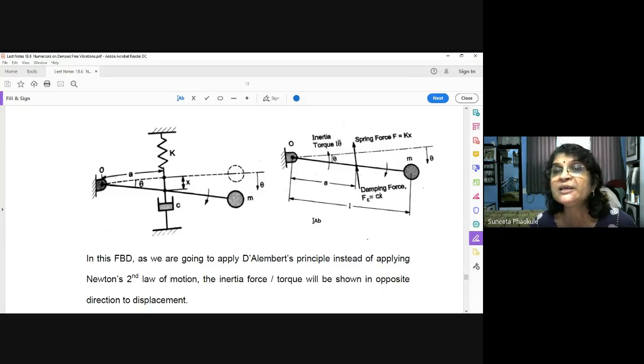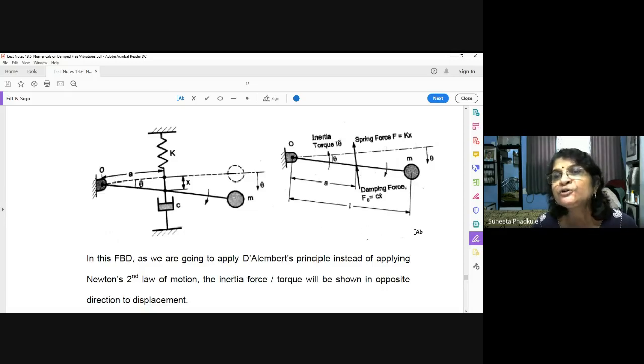And what is the equation for D'Alembert's principle? Summation of all the torques is equal to 0. Remember these two things. So again, I am repeating. If you want to solve this problem by Newton's second law of motion, the inertia force or inertia torque will be in the same direction as the motion of the mass, and the equation is inertia torque is equal to the summation of all the torques.